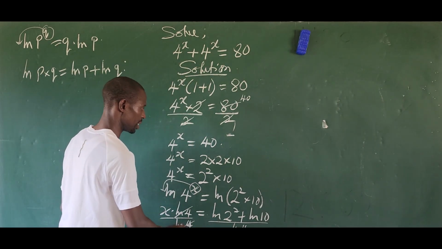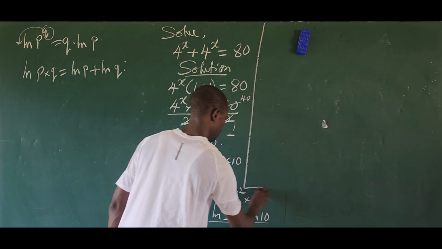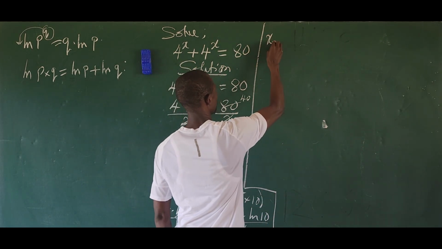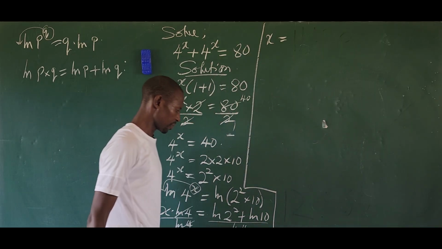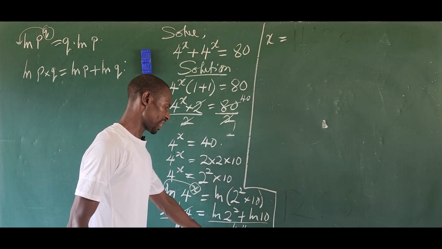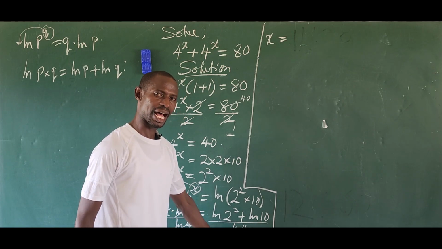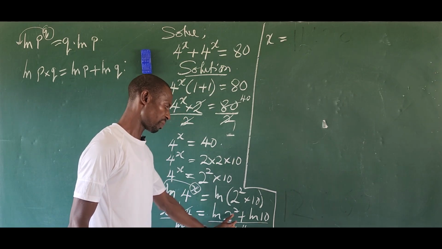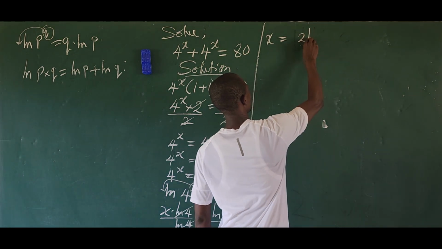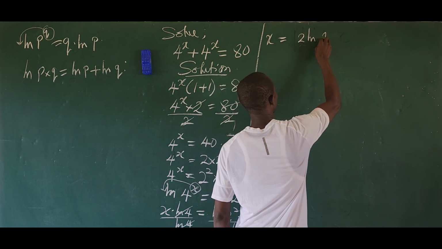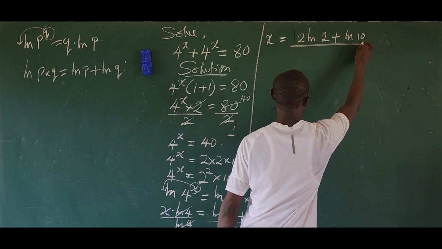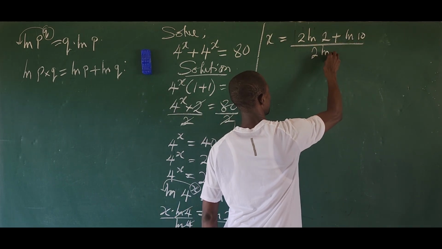So this and this will leave, and we are now left with just x on the left-hand side. So x will now be equal to this expression we have here. We're going to move this power backward, and 4 can be written as 2^2, and we're going to move the power backward also. So this is going to give us 2 ln of 2 plus ln of 10, everything all over 2 ln of 2.